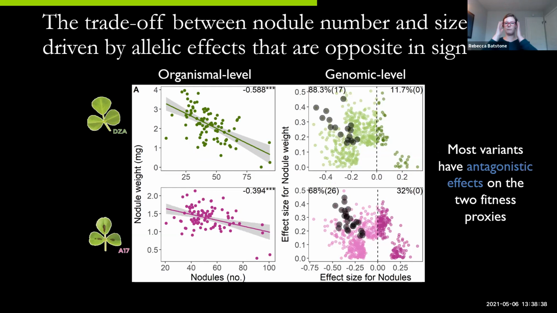Okay, so from this data, we can see that most significant variants and actually all pleiotropic variants fall to the left of 0, meaning that their effects are discordant, opposite in sign, or in other words, antagonistic. So antagonistic pleiotropy is, again, something we heard about in a previous talk. So for example, this means that a variant's positive effect on nodule number tends to have a negative effect on nodule weight.